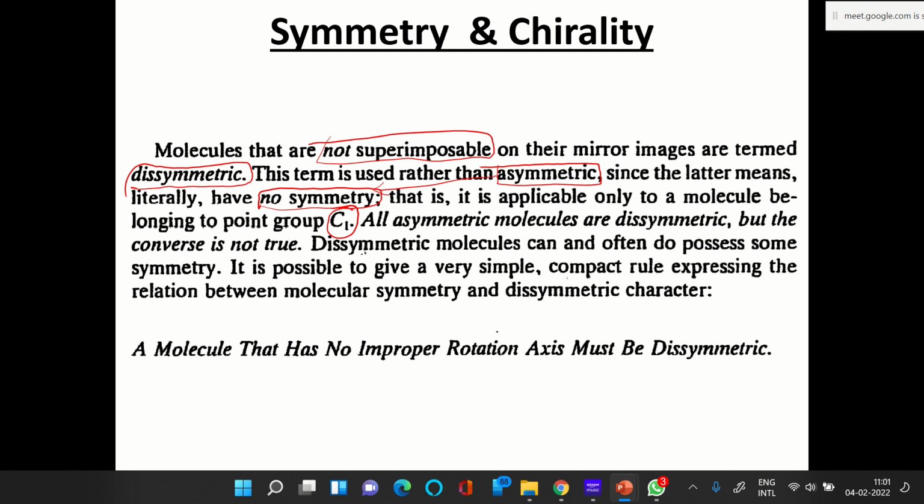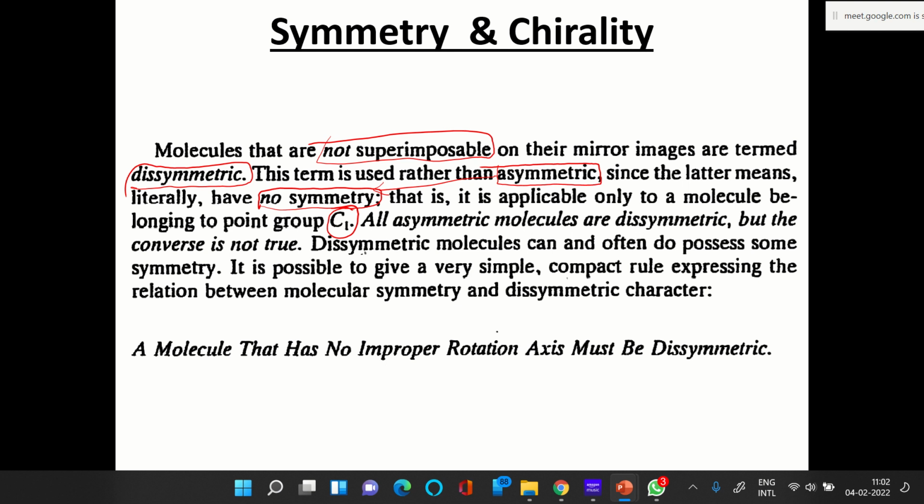That means a point group belonging to C1, which has only E; no symmetry element is present in C1. So a molecule belonging to C1 will also be dissymmetric.